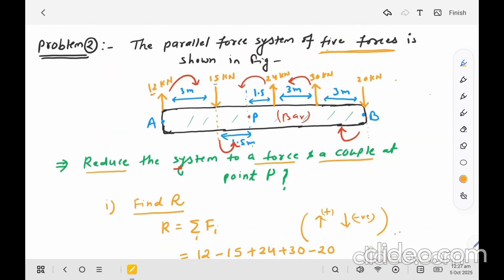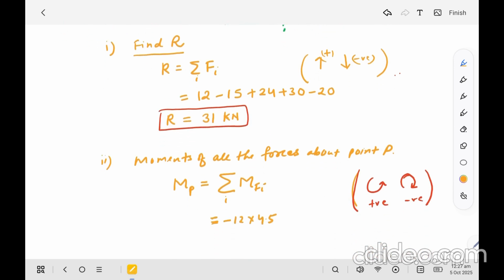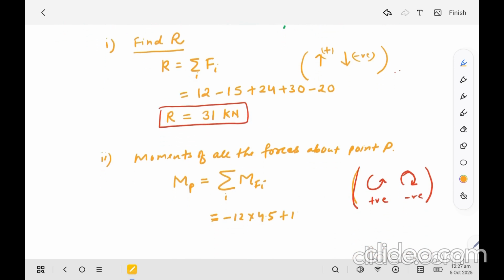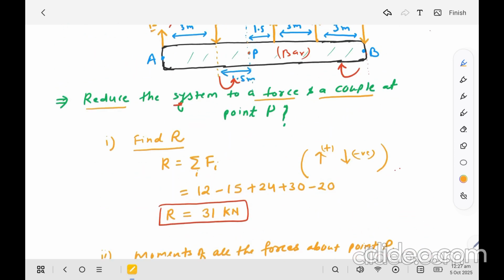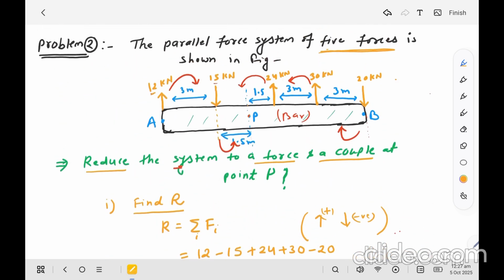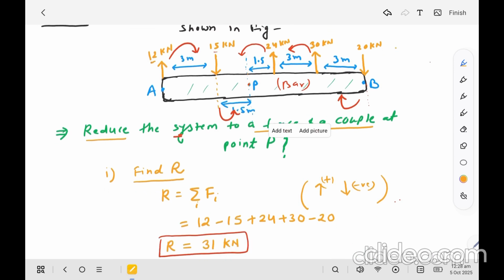The perpendicular distance from point P is 1.5, so 15 into 1.5. Sign is plus because it is anti-clockwise. Third force is 24 kilonewton. The perpendicular distance between the force and point P is also 1.5 meter, and this force has tendency to rotate the object in anticlockwise.